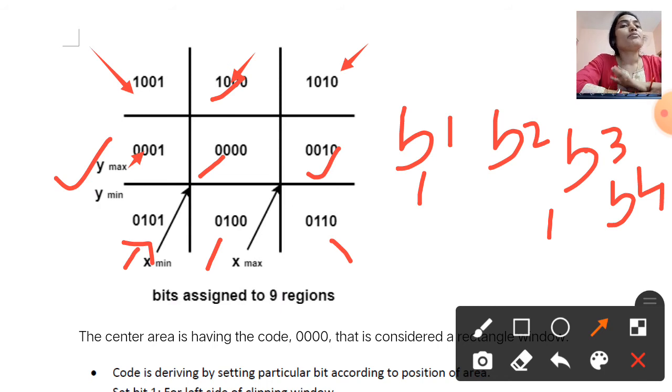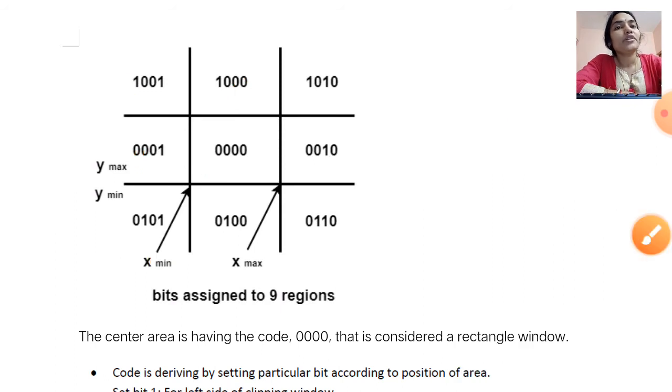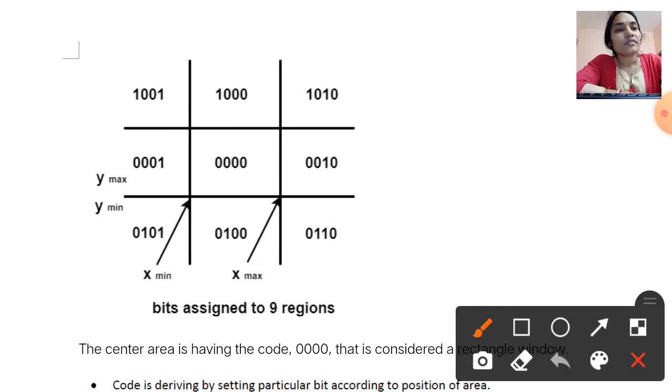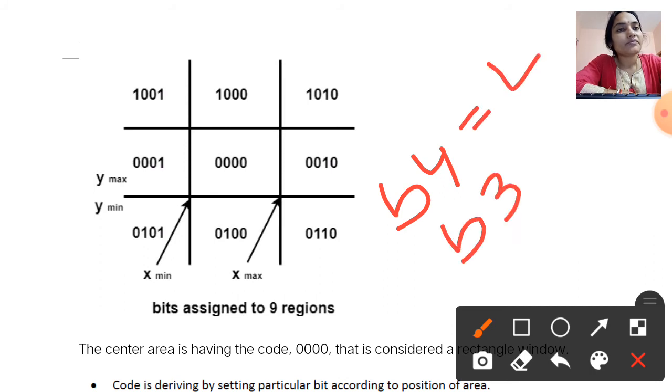That means B4 means it is your L. L means left. B4 means it is your left. B3 means it is your right.